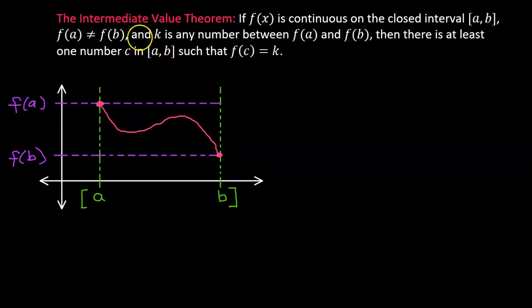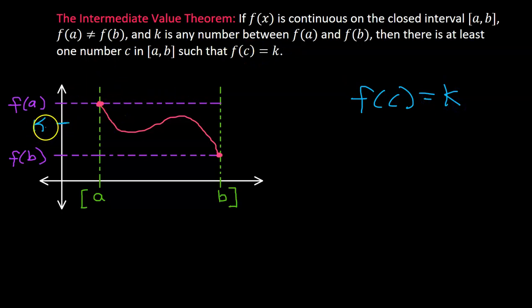Now, here's the heart of it. Given this setup, they're saying if you pick any number k that is between f of a and f of b, if you pick any number k that's in here somewhere, then that is going to correspond to at least one value c that is between a and b, such that f at c will give you k.